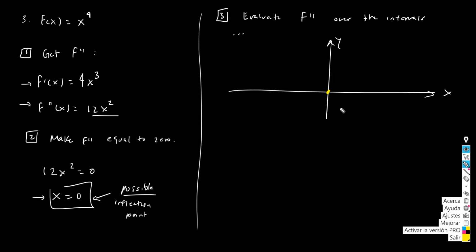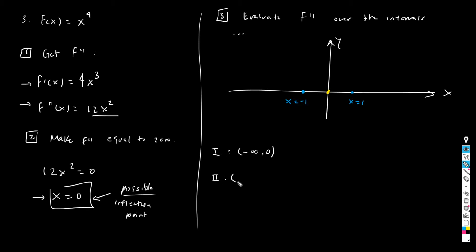Let's choose 2 points, one to the left, one to the right of such inflection point. One more time, I'm going to use simple integers for simplicity. And what are my intervals? My interval number 1 goes from minus infinity to 0. My interval number 2 goes from 0 to infinity.